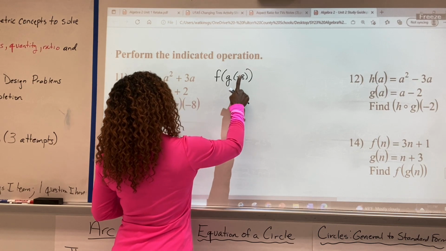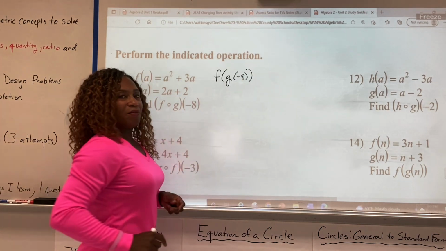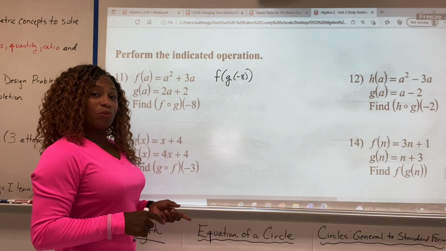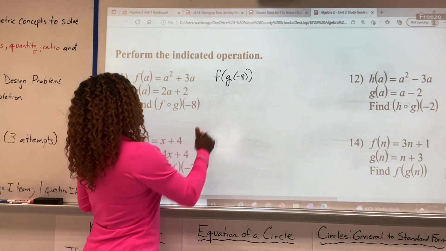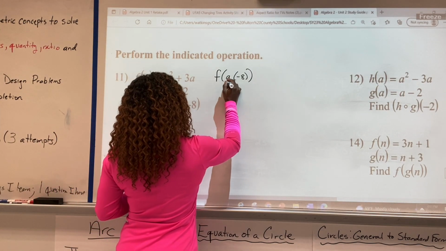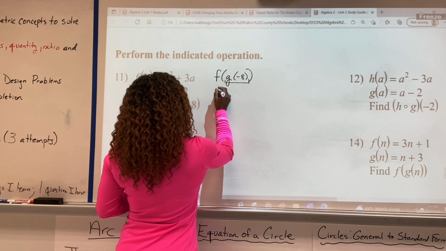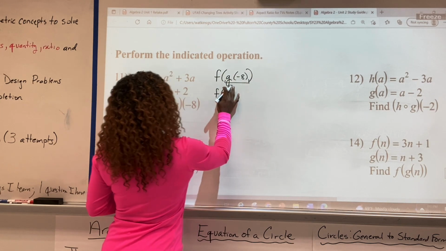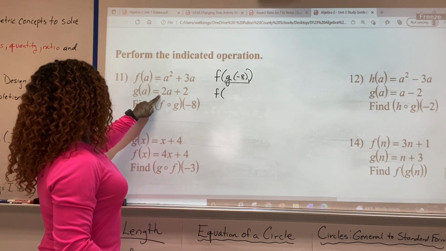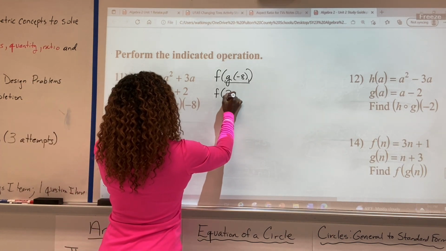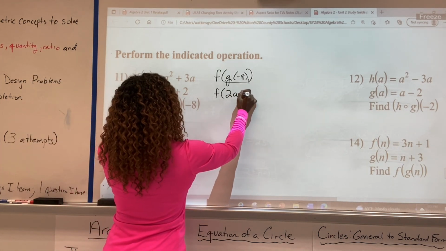Keep in mind, when they give you a value of your function, they're telling you that's what you're going to replace your variable with. So the first thing I'm going to do is work out this inside part. f of g of -8 tells me to write the g function, which is 2 times a plus 2.